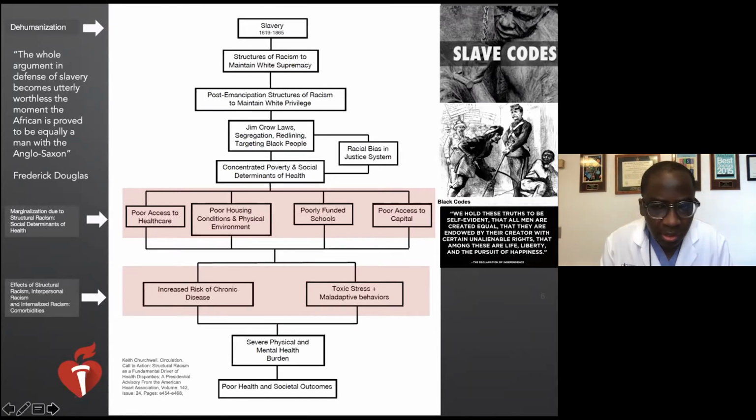And Frederick Douglass said it the best. He said the whole argument in defense of slavery becomes utterly worthless the moment the African is proved to be equally a man with the Anglo-Saxon.